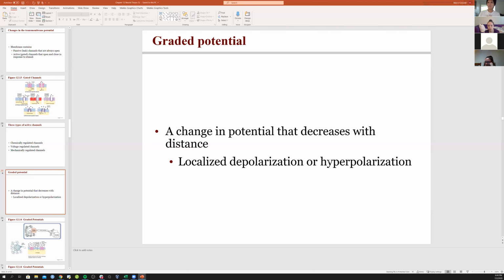However, these gradients that drive this difference in concentrations are going to eventually dissipate because the sodium-potassium pump is not constantly rebuilding these gradients. If it stops working, potassium will leave, sodium will enter, and they will reach a balance.